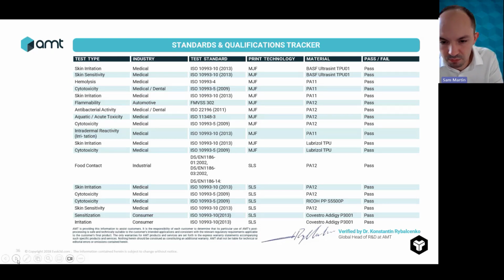The main takeaway is that whenever the parts are processed, all of the consumable used to process the parts is removed during the machine cycle. So the part is the same coming out as it went in, and there are no safety concerns there. All of these tests were done using the post-pro machines, with no external cleaning or drying done. So it's into the machine, out of the machine, ready to use.